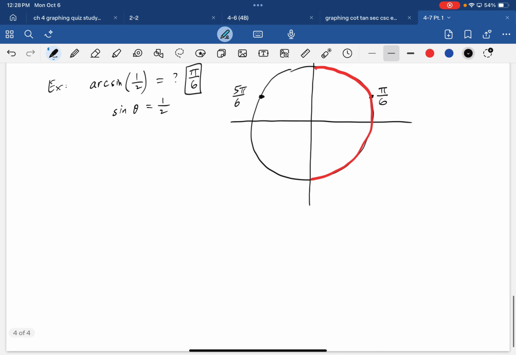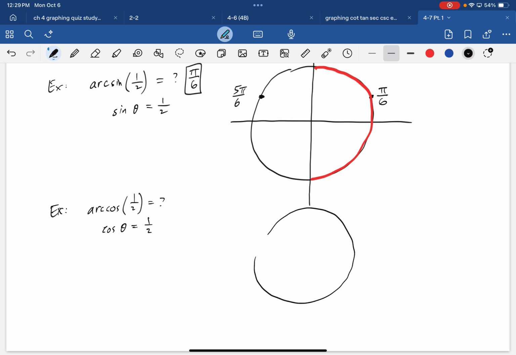Okay? Let's say we had arc cosine 1/2. Okay? In order to find that, we're looking for the value of theta such that cosine theta equals 1/2, right? And again, there are multiple, and we have to choose one for the arc cosine.